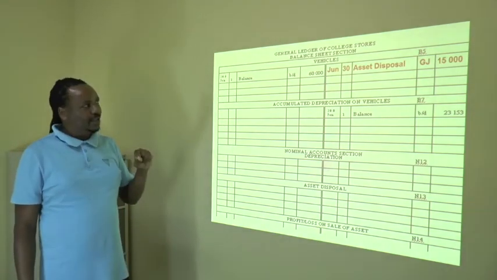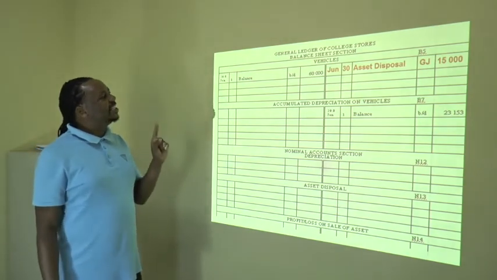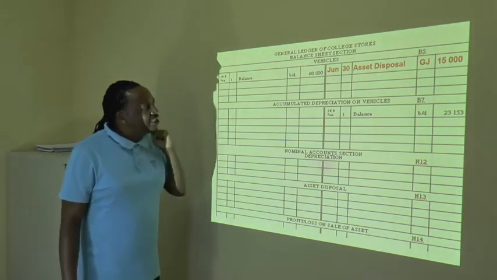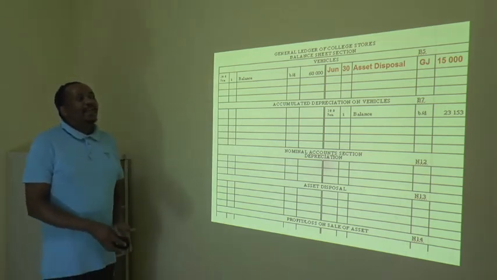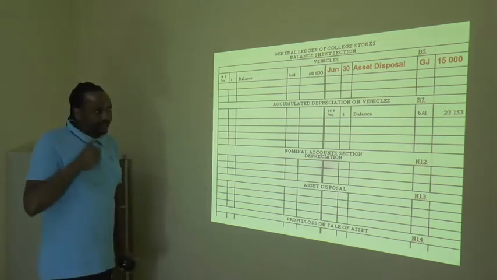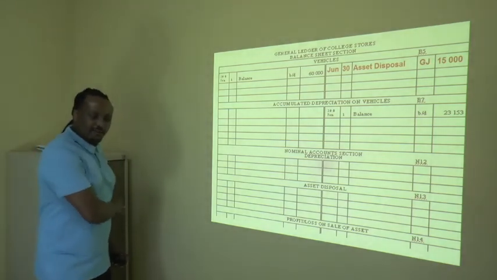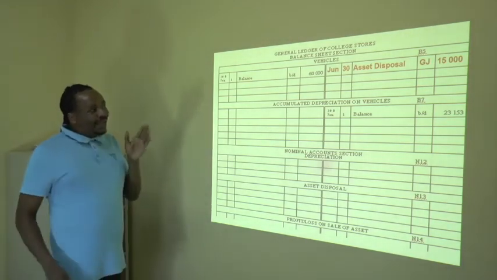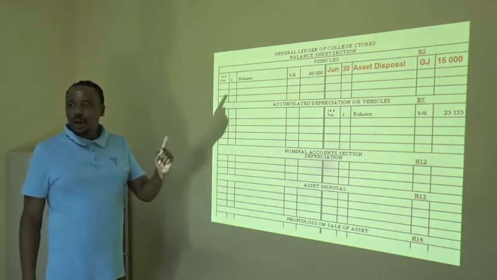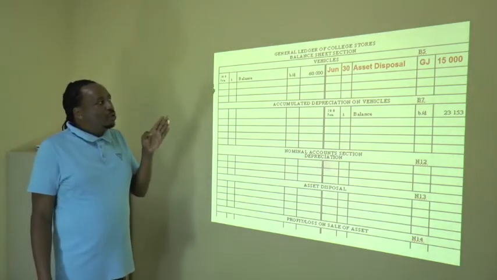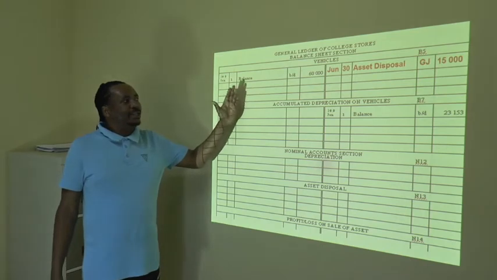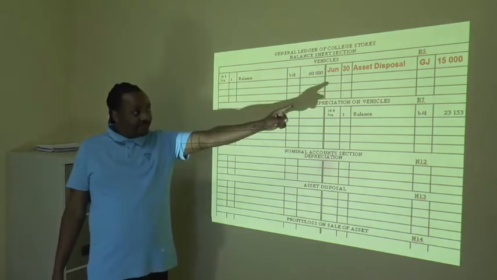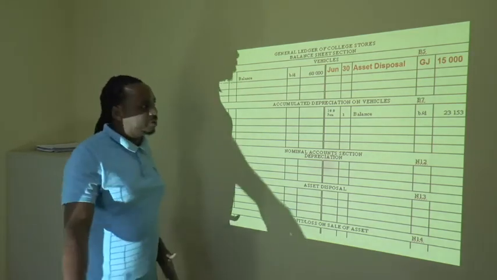Why is the asset credited by asset disposal, 15,000? Because the asset that we bought for 15,000 is the one that has been taken out of the business. So now we won't have 60,000 value of assets within the business. We are going to subtract that 15,000 because this one has been taken out.